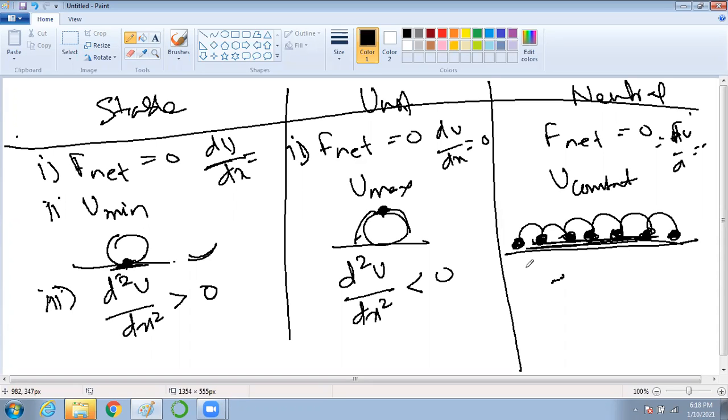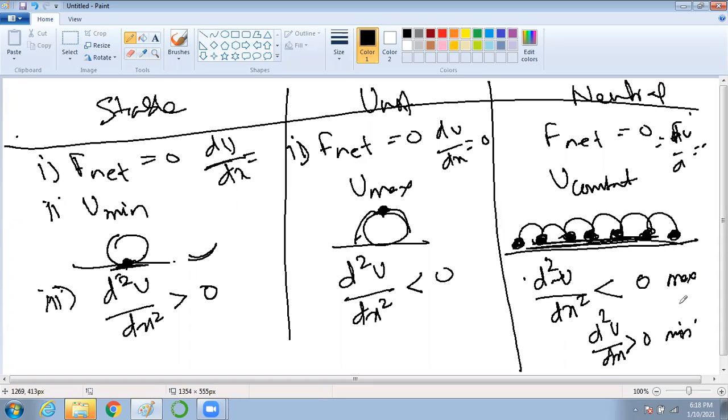If this is maximum and this is minimum, here we can have both; here it will be equal to 0. This will be maxima, this will be minima. That's it. Clear?